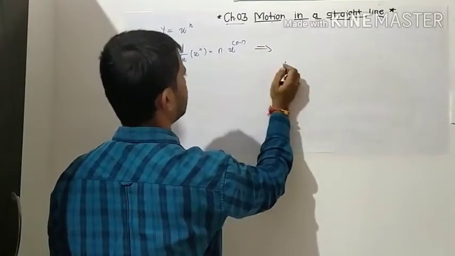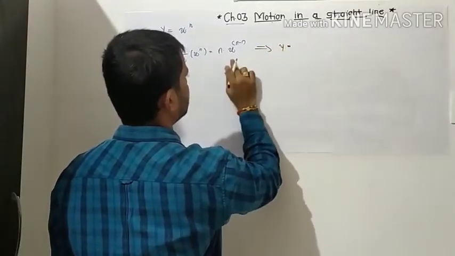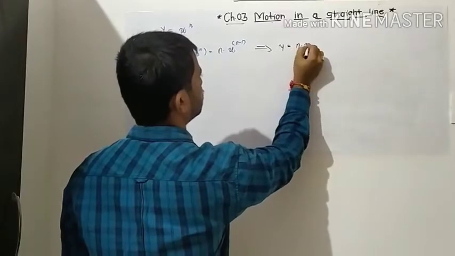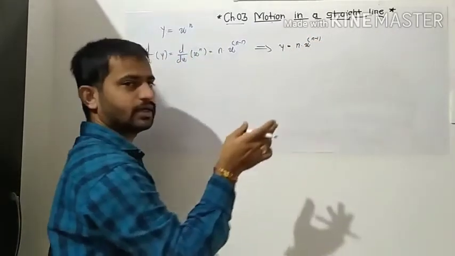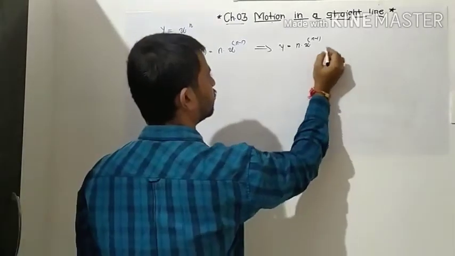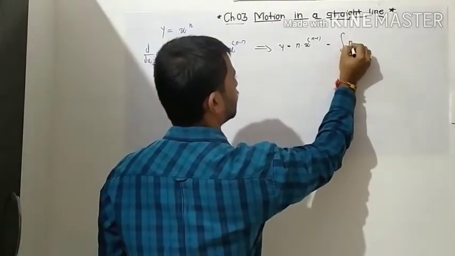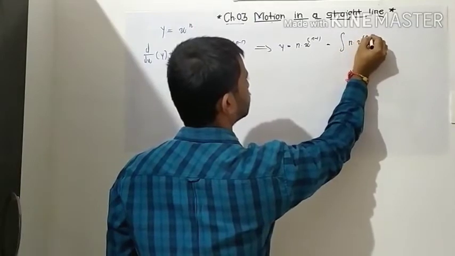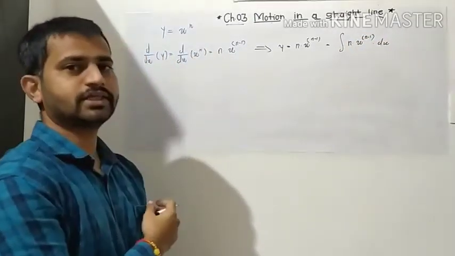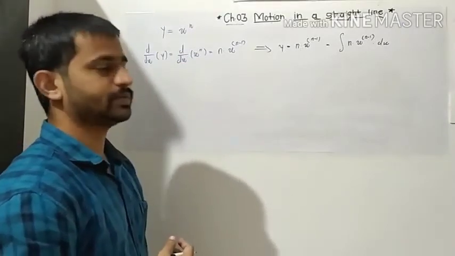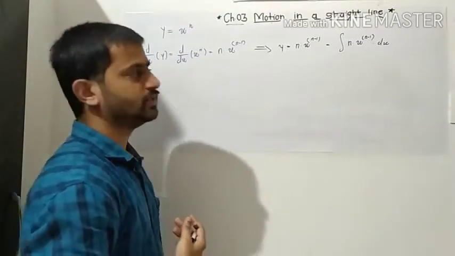Suppose y is equal to n x raised to n minus 1, then after applying the integration we have to take the integration of n x raised to n minus 1 dx. Okay, because dx is the term with respect to which we have to take the integration of this quantity.